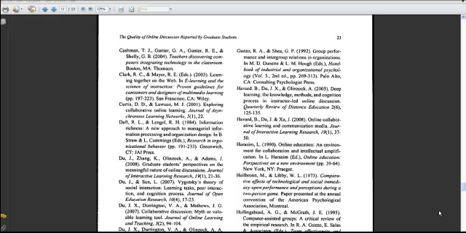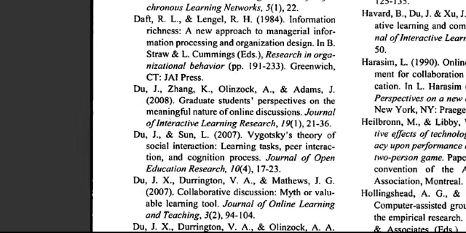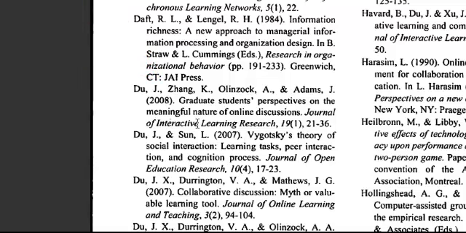Also, another really good place to find sources that are going to be directly related is this: once you find an article that's in the ballpark of what you want, go to their references. And you can see, I probably am going to pull up this reference I saw in here, maybe by Du, Zhang, Olnazak, and Adams, about graduate students' perspectives on the meaningful nature of online discussions.